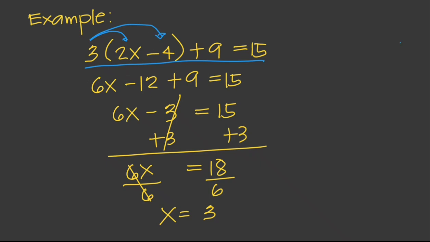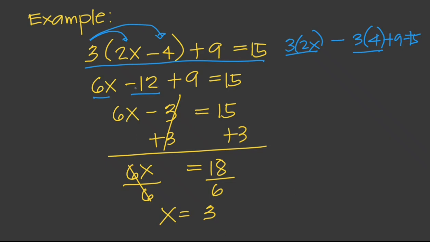So that would be 3 times 2x, then copy the operator sign, minus 3 times 4. Then copy plus 9 equals 15.